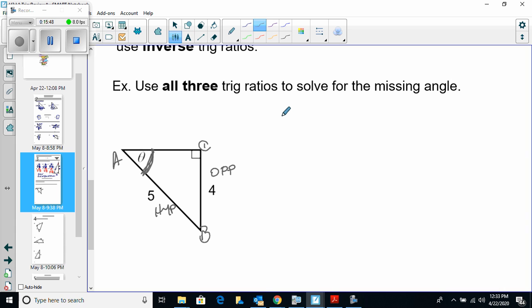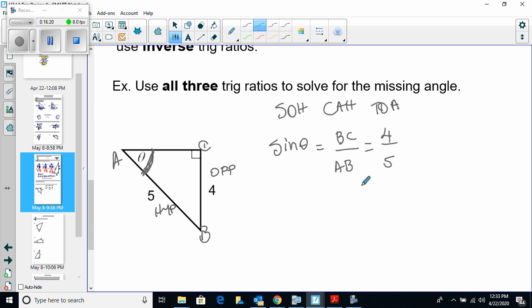The trig ratio that relates those two sides, remember SOHCAHTOA, is opposite and hypotenuse. So sine of angle theta will be opposite, which is BC, over hypotenuse, which is AB, a ratio of 4 over 5.